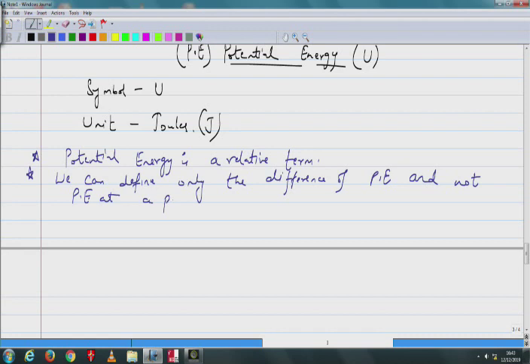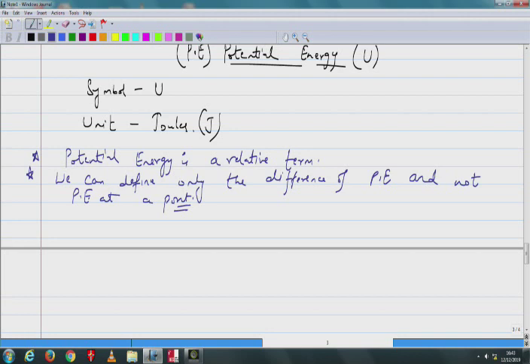Understood the meaning of this? We can only define the difference in potential energy, not the potential energy at a point.